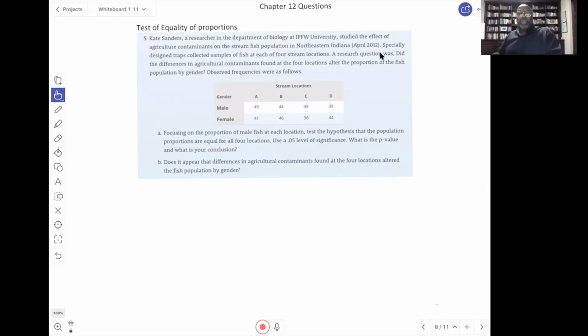First thing we're going to do is tally all of the male fish and all of the female fish and determine a total.